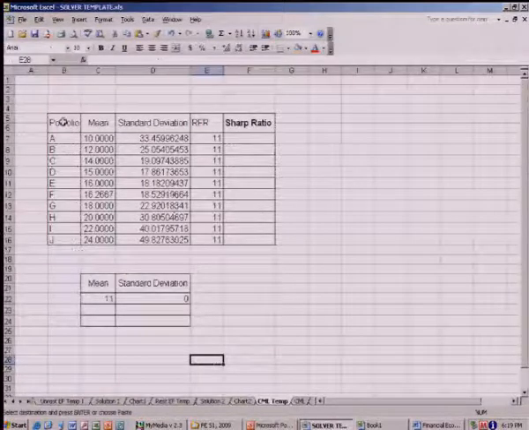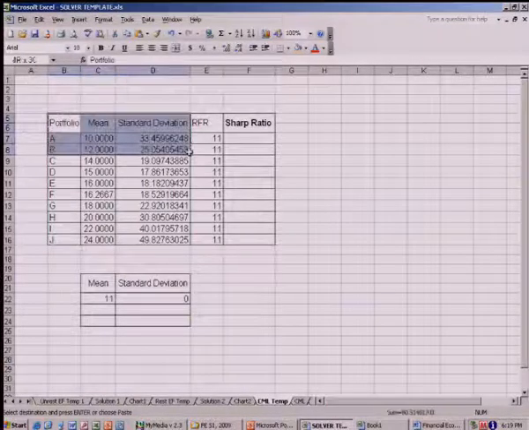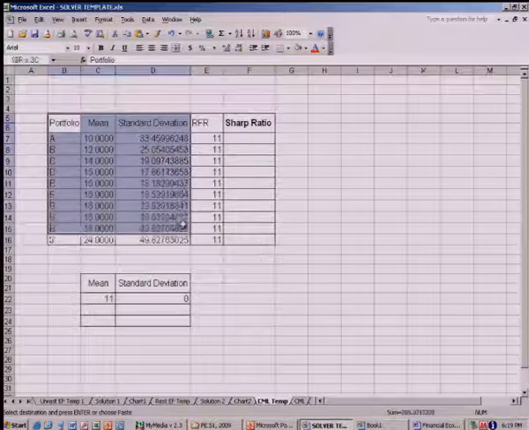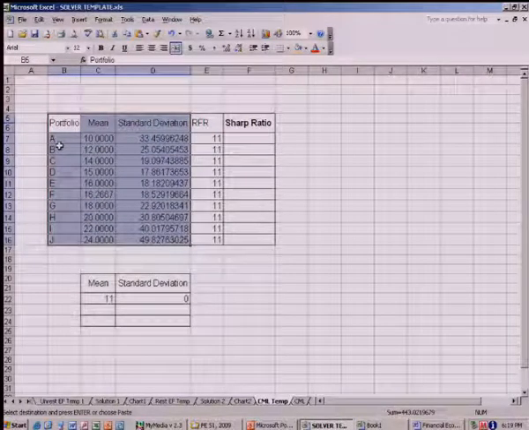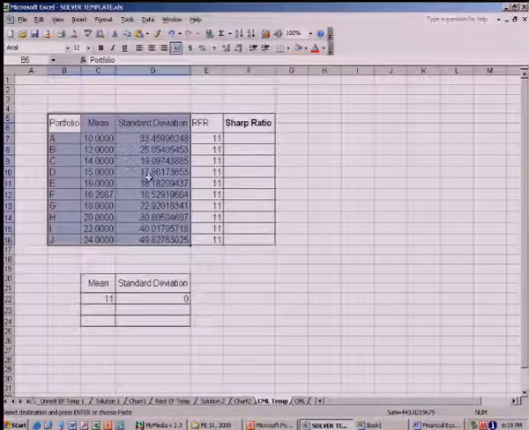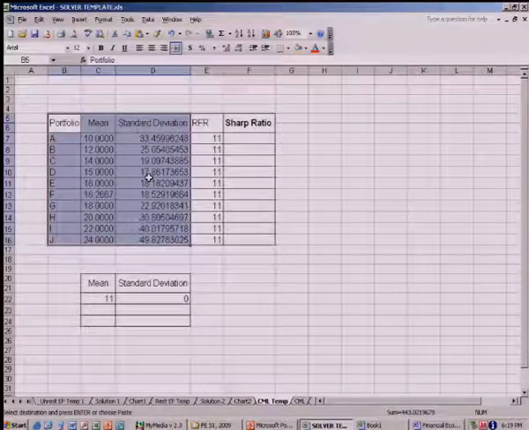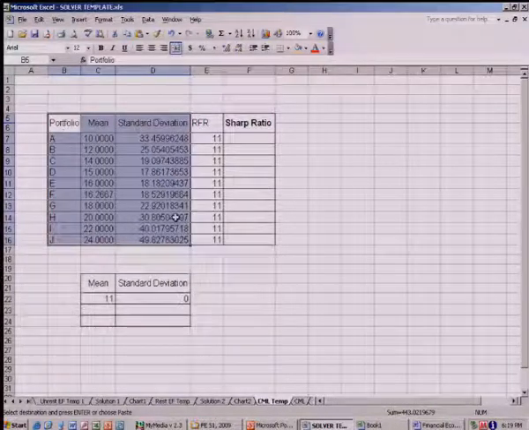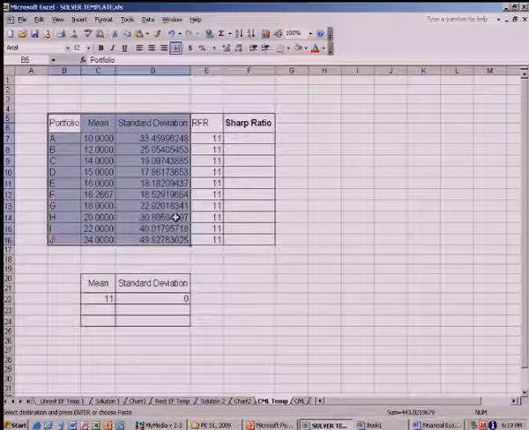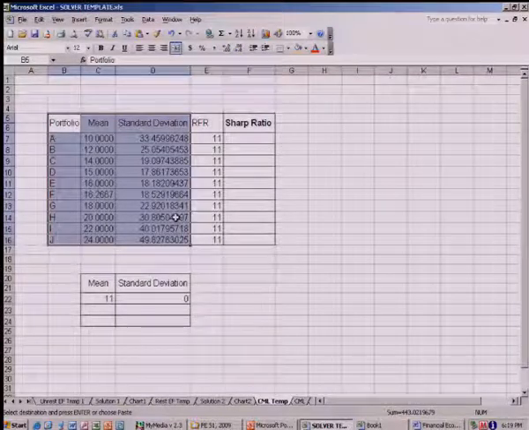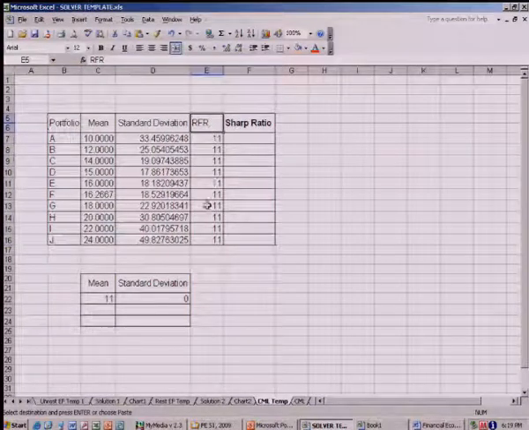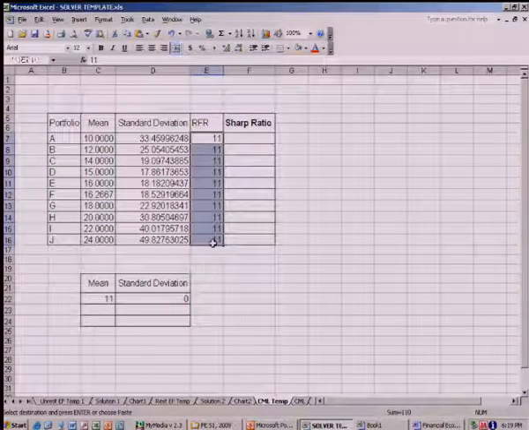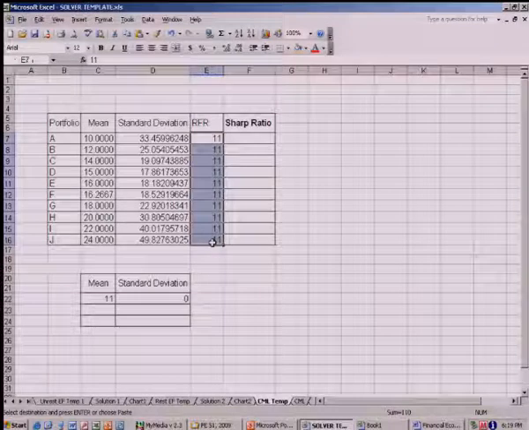So now what I have done here on this next spreadsheet, I got the information on the unrestricted efficient frontier that we have just calculated initially, not the restricted one, the unrestricted one. All I have done really here is copied and pasted information about the portfolio expected return and the portfolio standard deviation. Next to it, you can notice that I have also inserted the information on the risk-free rate of return, which is given to me at 11%.